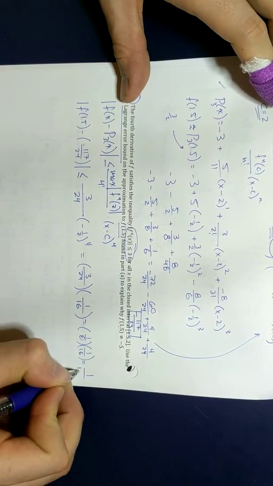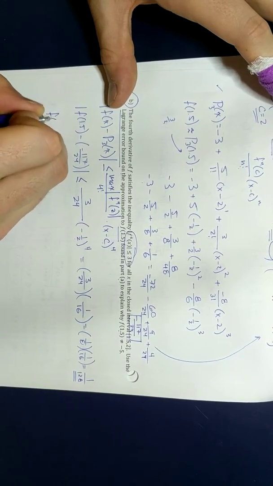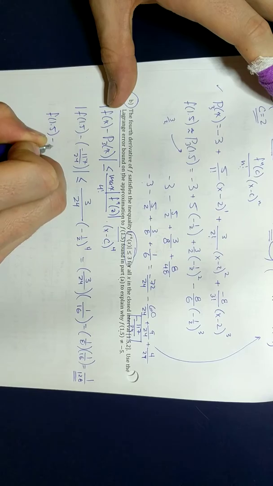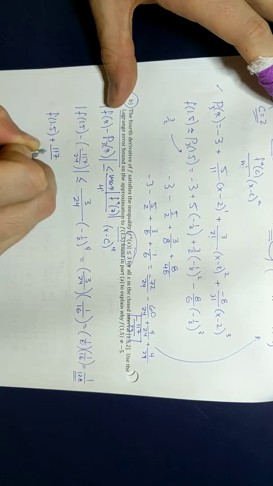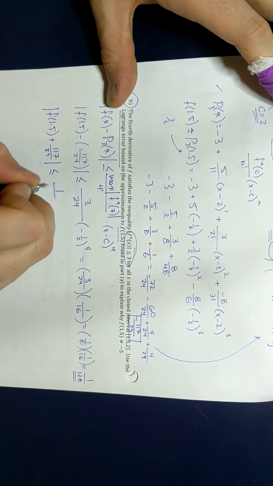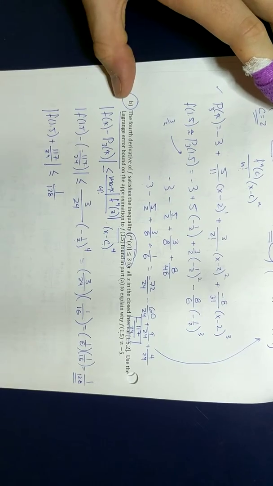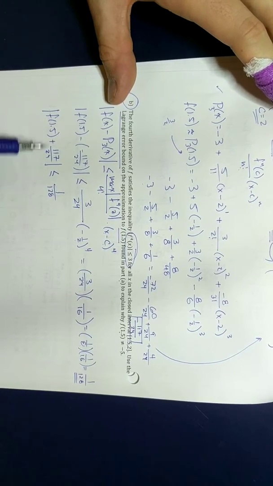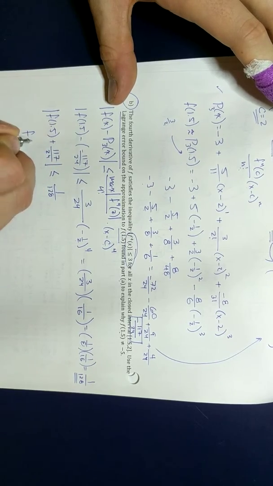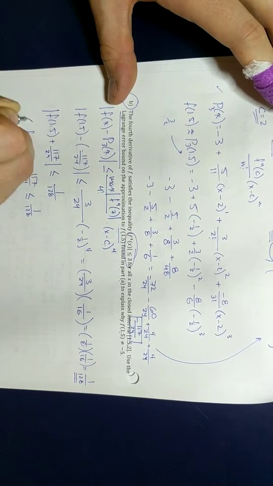Great. So I have the inequality, f of 1.5 minus, or plus in this case, 117 over 24, absolute value, is less than or equal to 1 over 128. All right, let's keep going. So using my inequality here, I could break this up into a compound inequality, less than or equal to 1 over 128.